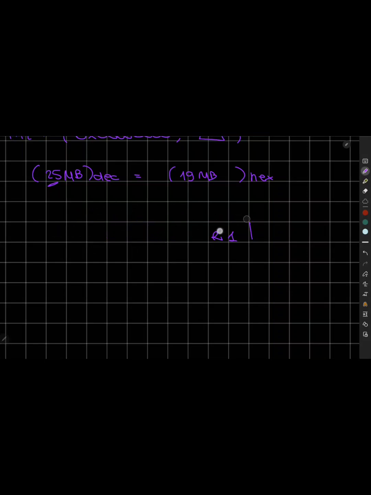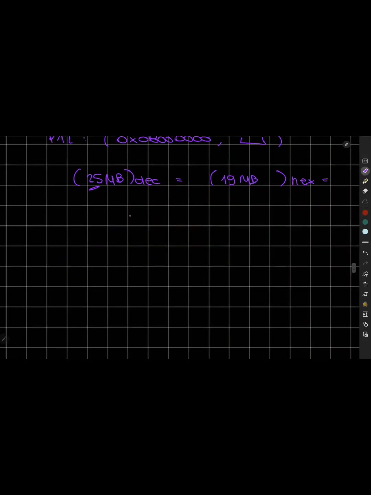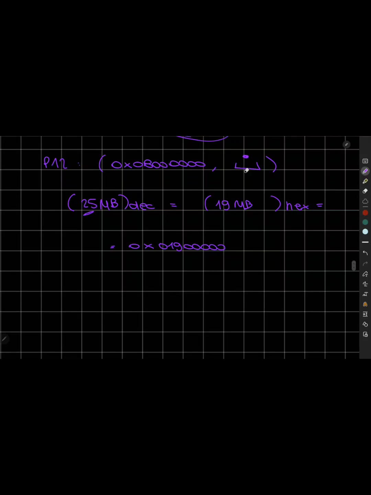We are having again megabytes, so our representation in this other version of hexadecimal is going to be 19, 5 zeros, and 5 plus 2 it's 7. We're missing 1 zero, which we are adding, and this is the size of our partition.